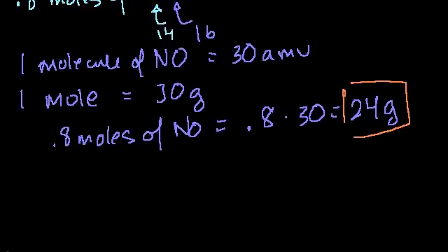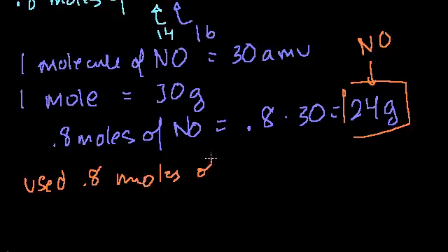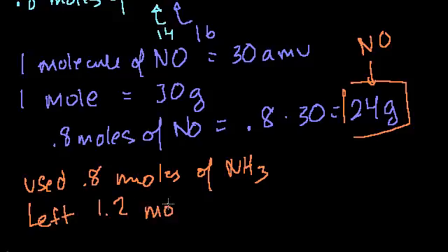So we have 24 grams of nitric oxide, we used 0.8 moles of ammonia, and we have 1.2 moles of ammonia left. If you want, you can figure out how many grams that is: 1 mole of ammonia is 17 grams, so just multiply that times 1.2.